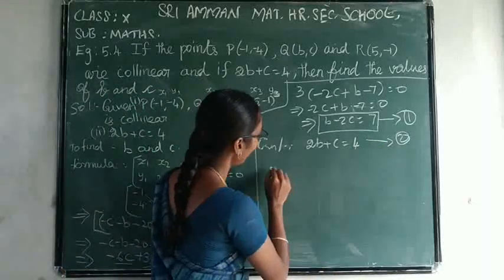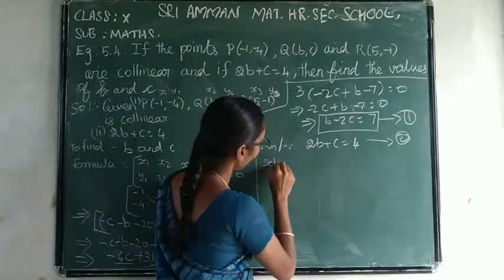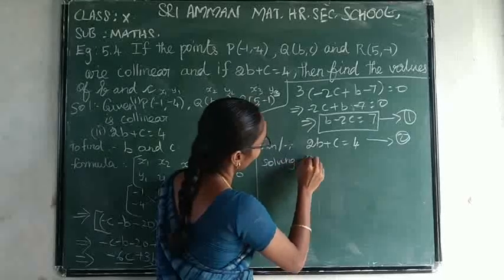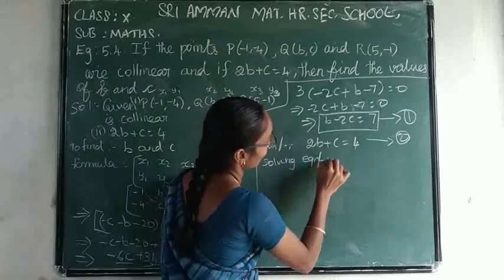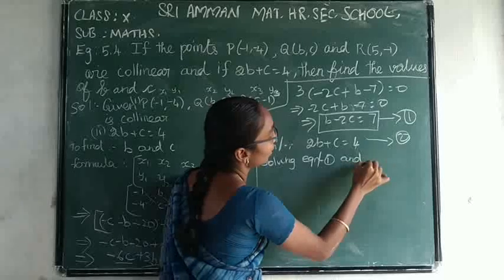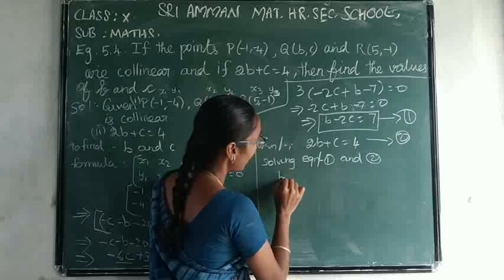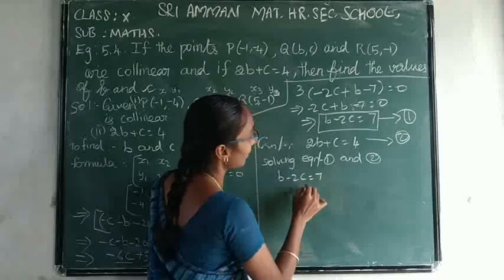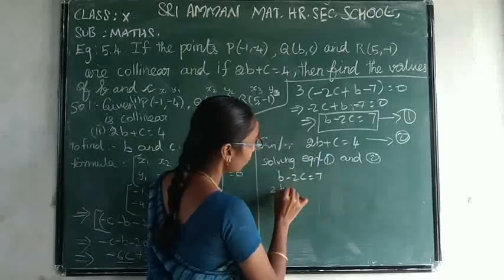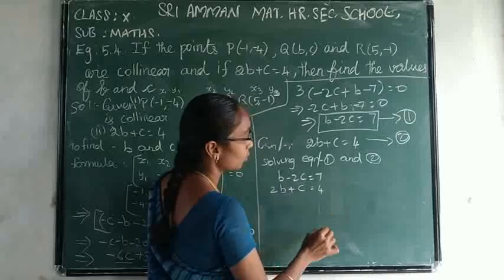Equation 1 and 2: the first equation is b minus 2c equal to 7, the second equation is 2b plus c equal to 4.